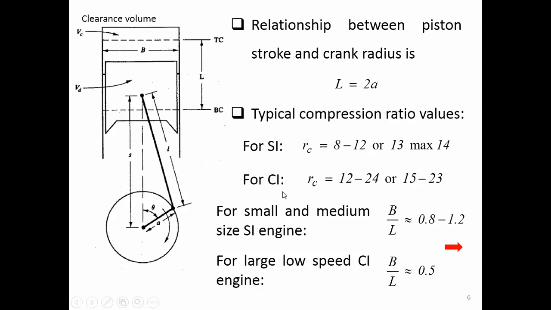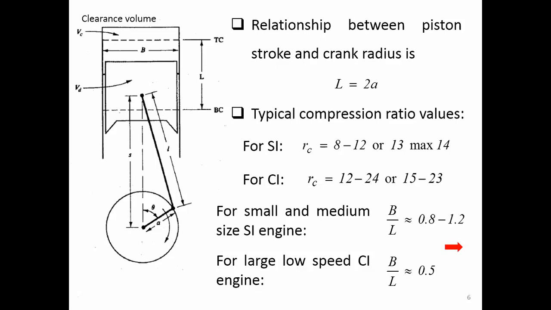For small and medium size SI engines, if you go for a B over L ratio within 0.8 to 1.2, that means you don't need a specialist, and you can use conventional material and conventional equipment that is available in the market.